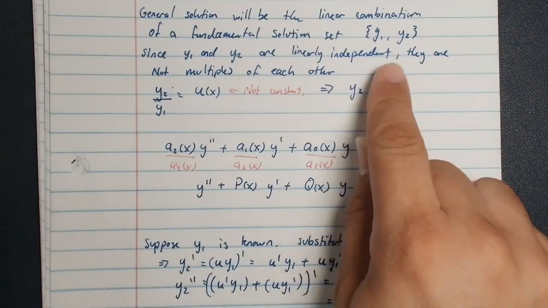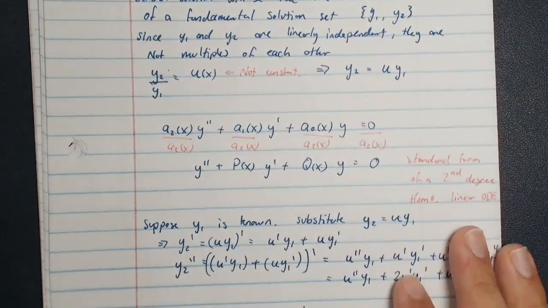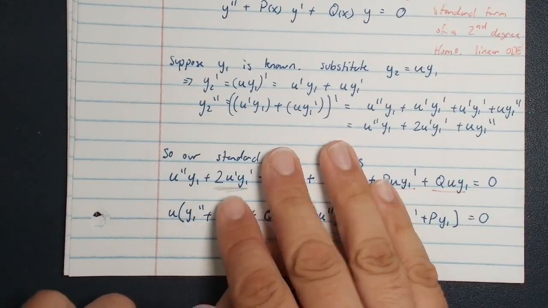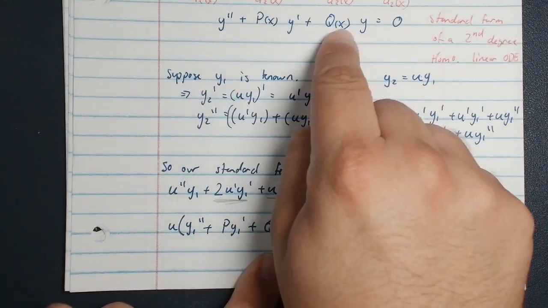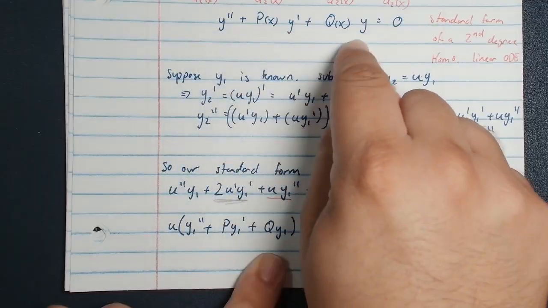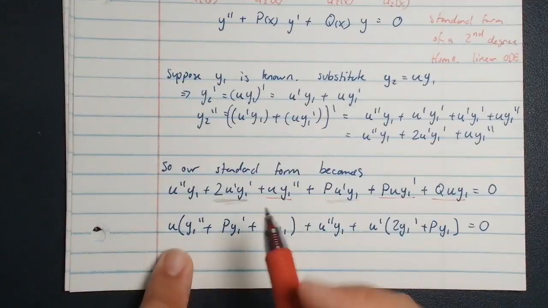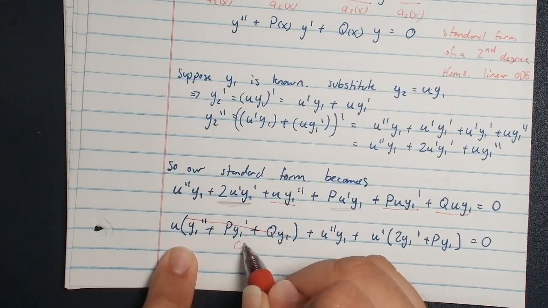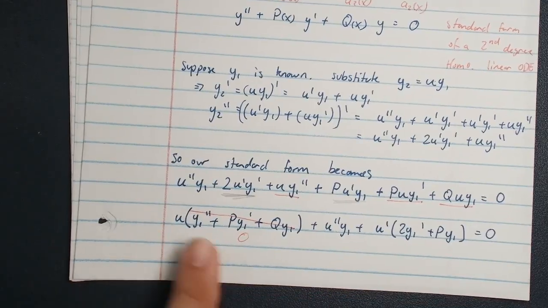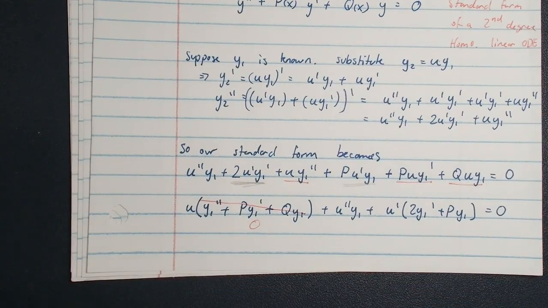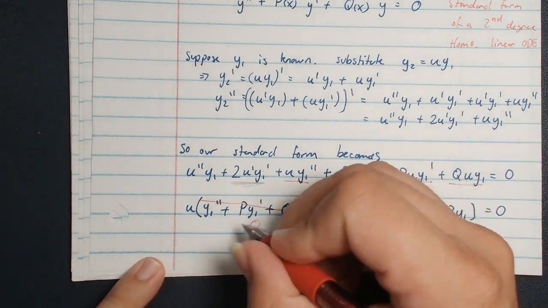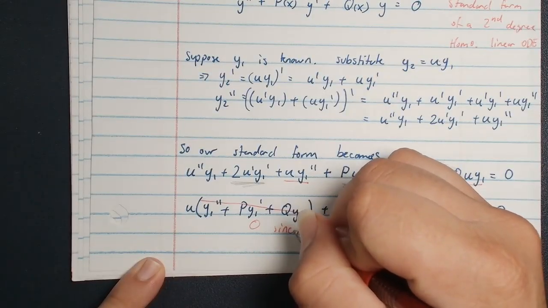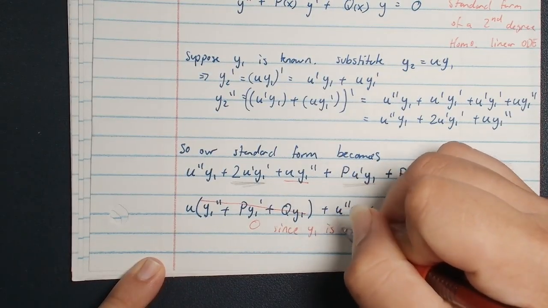That's our beginning assumption. y1 is a solution of this problem. So, because y1 is a solution, it satisfies the condition that if you plug it in, you get 0. So right here, this is 0. And of course, anything times 0 is 0. So that all just goes away. And in fact, I should probably write there, 0, since y1 is a solution.